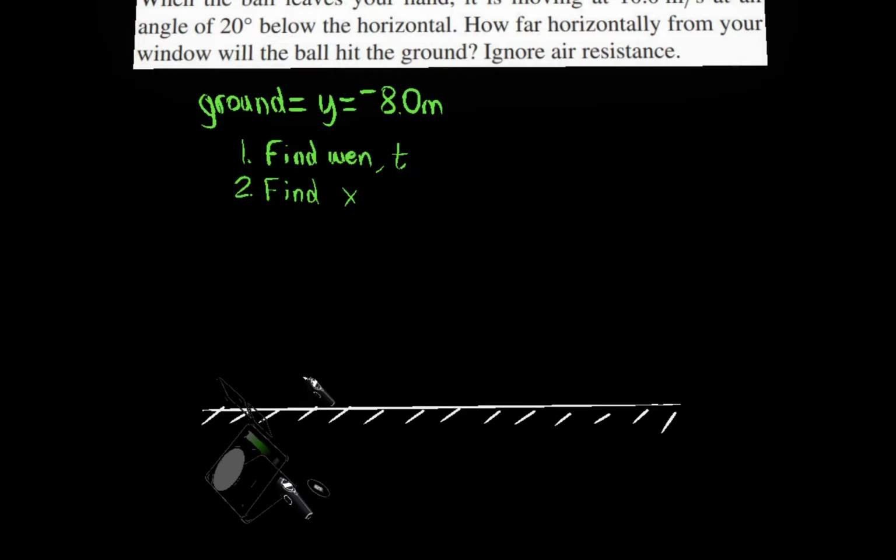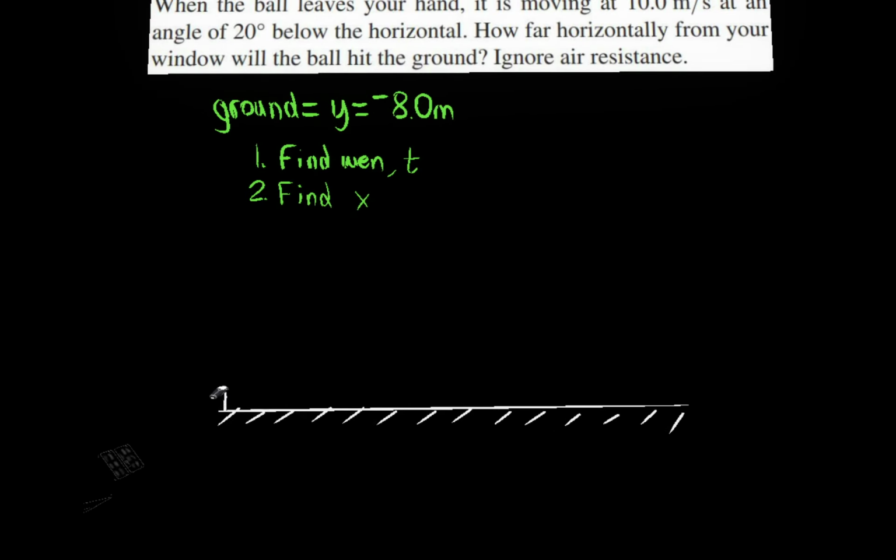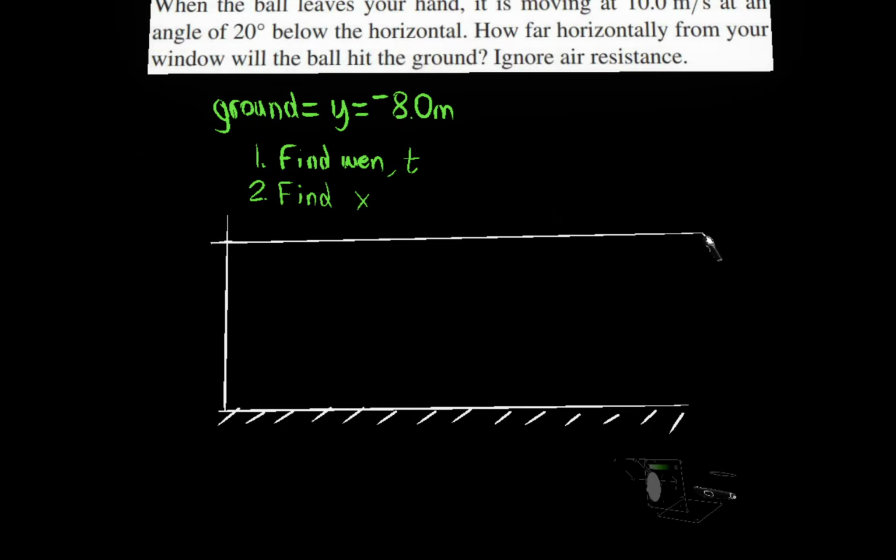And this is going to be the x horizontal direction, but I'm not going to make that our actual axes. We have a window that's 8 meters off the ground, right? So let's say our window is right there. And I'm going to make the height of the window our x horizontal. And if you didn't do it this way, you're not wrong. I just think this is a nice way to do it.